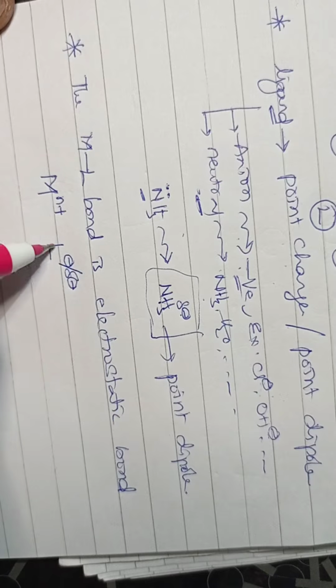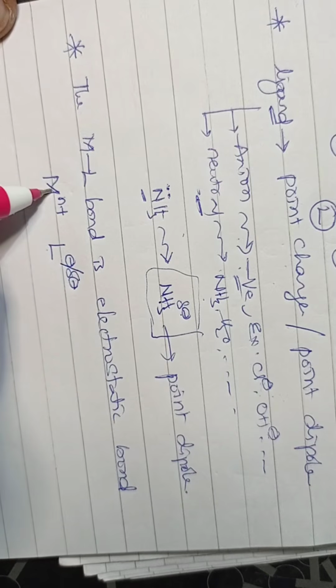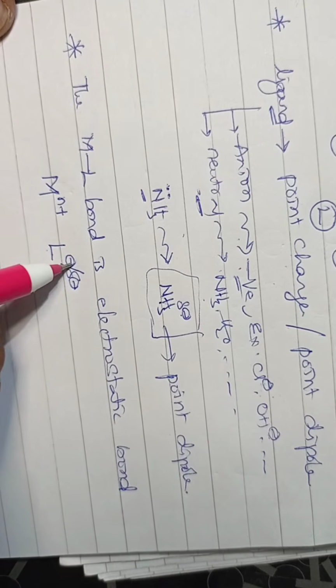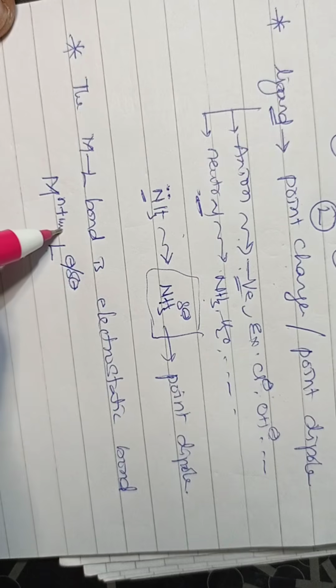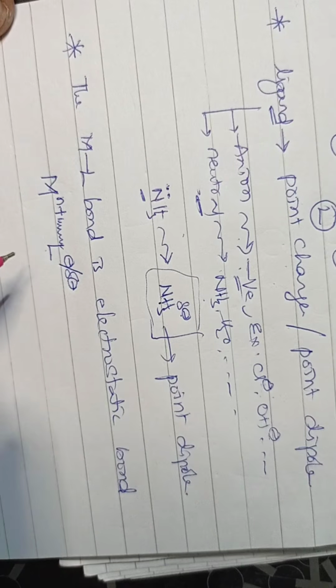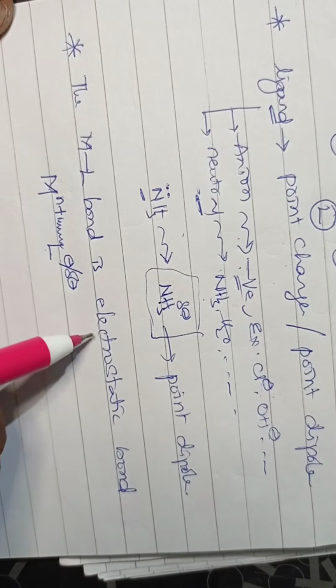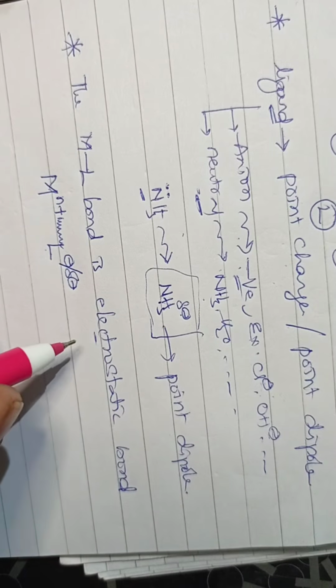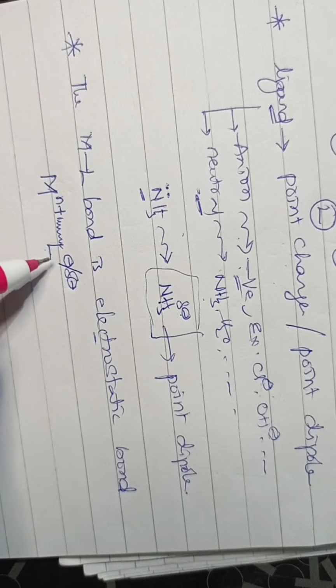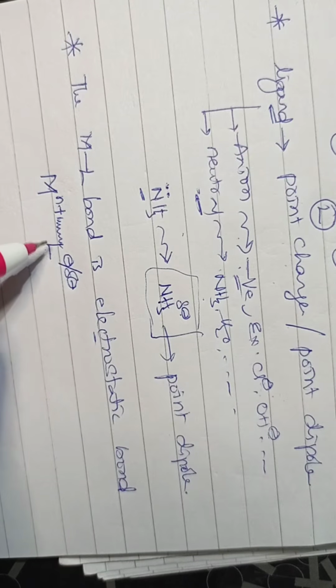Having a bond between them, positively charged metal and negatively charged ligand, an attractive interaction will take place. This attractive interaction can be considered as an electrostatic bond. Why will electrostatic attraction take place?